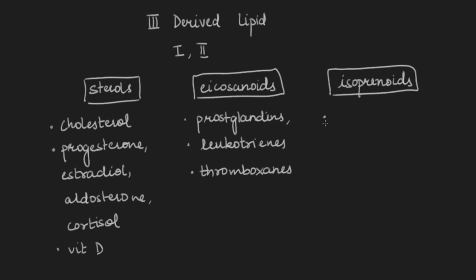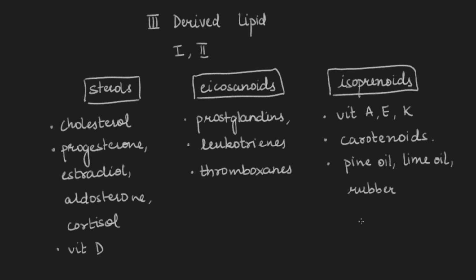Isoprenoids again contain a vast list of chemicals like vitamin A, pigments like carotenoids, terpenes like essential oils from different plants, pine oil, lime oil, geranium oil, etc., rubber, and phytol ring, chlorophyll, etc. One more compound that I want to add is bile salts.